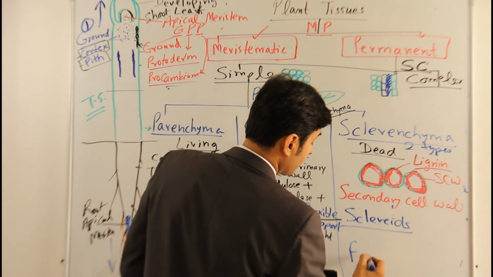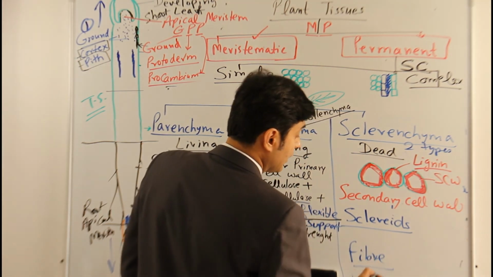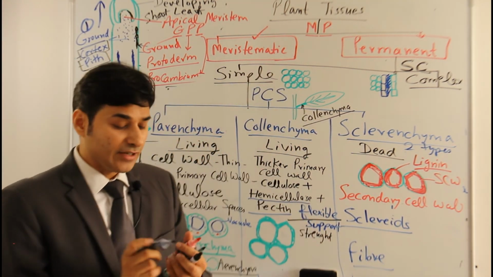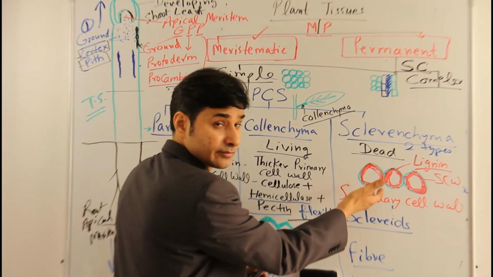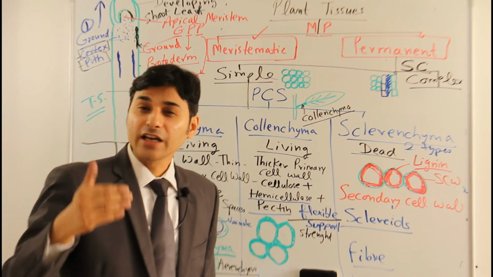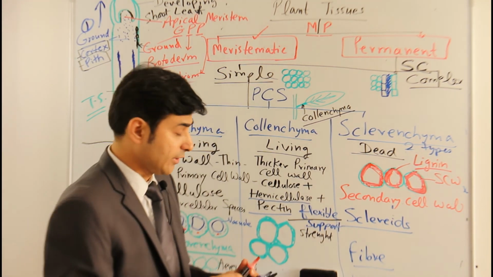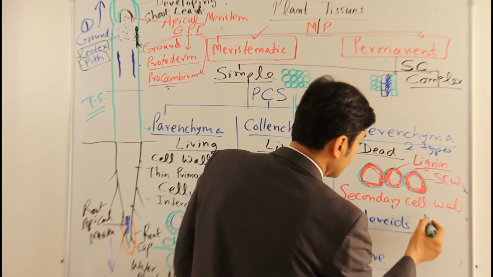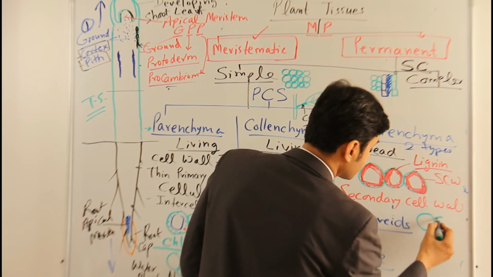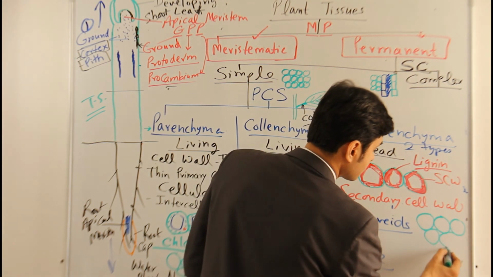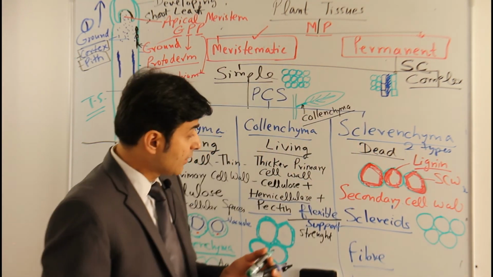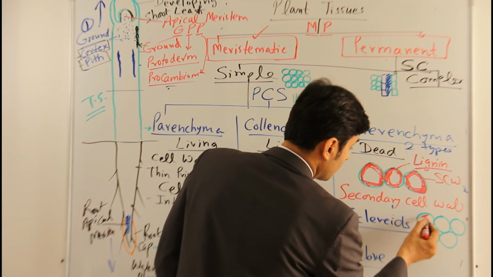The difference between sclereids and fibers: a sclereid is round in structure, whereas a fiber is a long elongated thing. So if I draw a sclereid here, it will be like this, with secondary cell wall deposition.